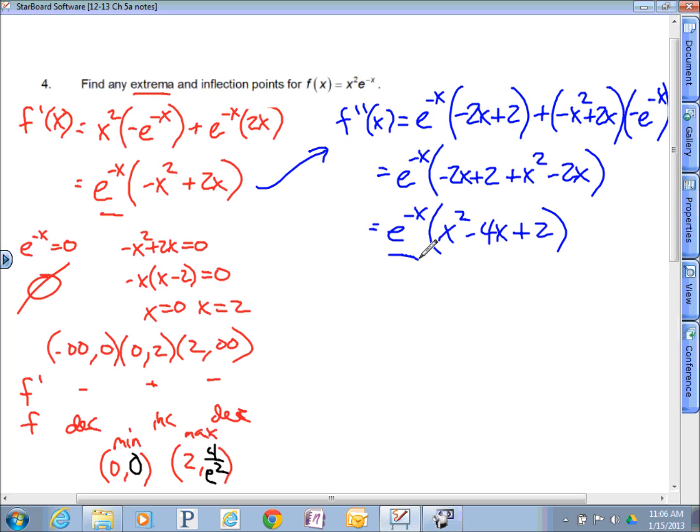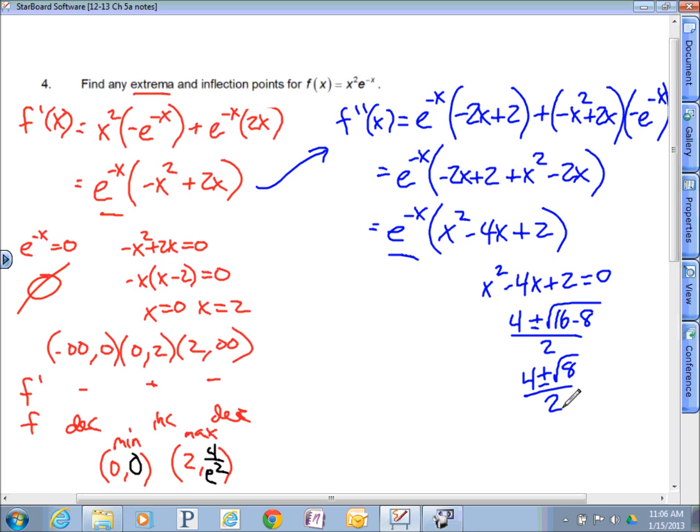So what we really care about is when is x squared minus 4x plus 2 equal to 0. That's not going to factor, so I'm looking at probably quadratic. 4 plus or minus the square root of 16 minus 4 times 1 times 2, 16 minus 8, divided by 2. So I think we're looking at 4 plus or minus the square root of 8 over 2.